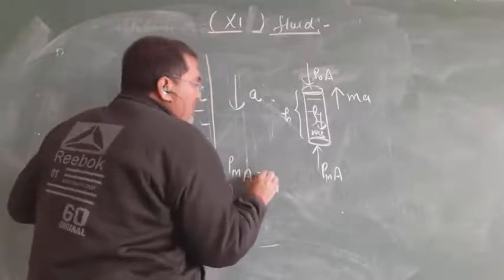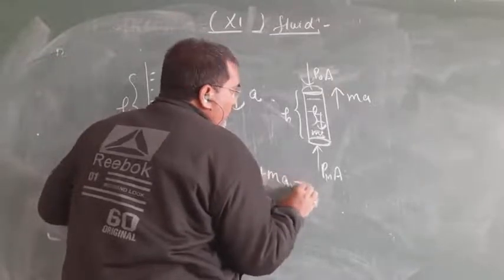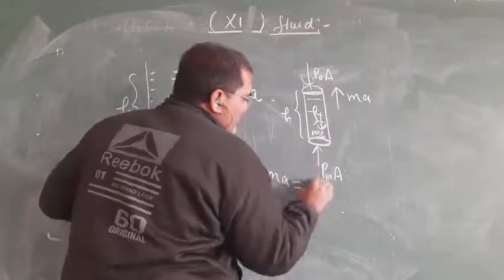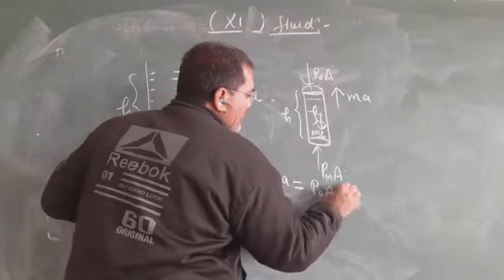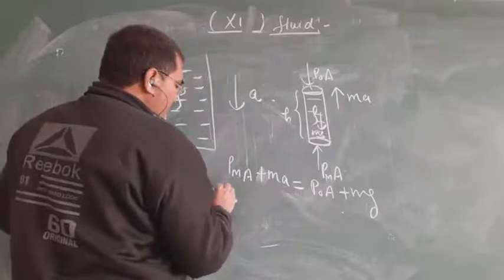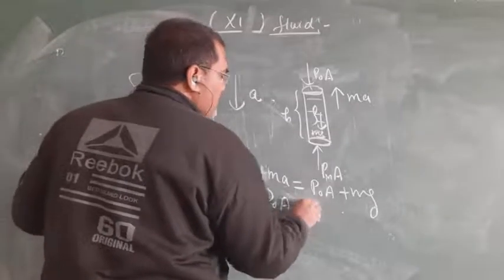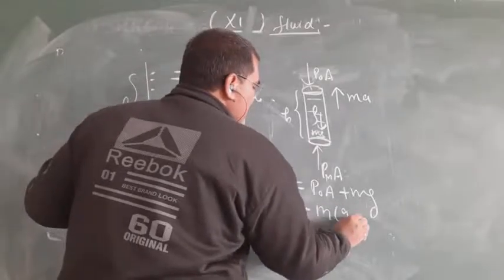P_m A plus ma are the upward forces, balanced by the downward forces, P naught A plus mg. So P_m A equals P naught A plus m(g minus a).